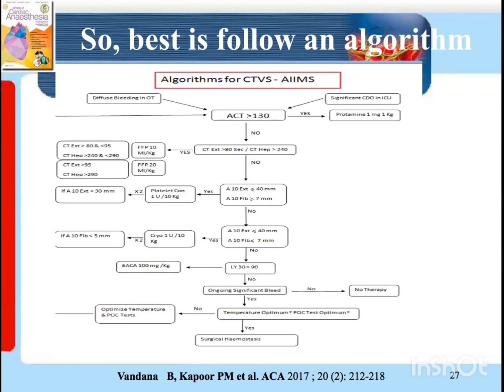Any ongoing significant bleed, if it is there, and you have corrected with cryoprecipitate or with a single donor platelet, if your platelet was less and your values are coming to near normal, do not forget the temperature. Patient may be hypothermic. There is hemodilution because you're on an external surface. There is hemodilution, there is hypothermia.